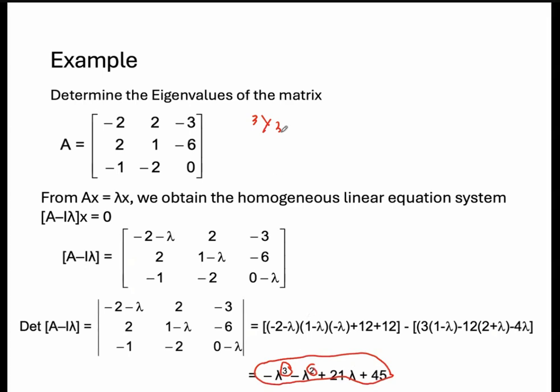But if the matrix has 2 rows and 2 columns, the polynomial equation is a quadratic equation.